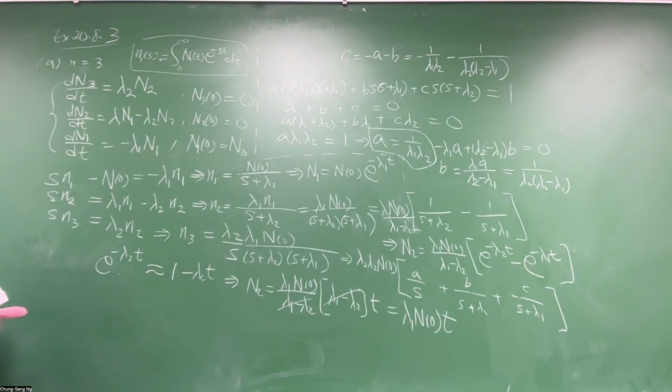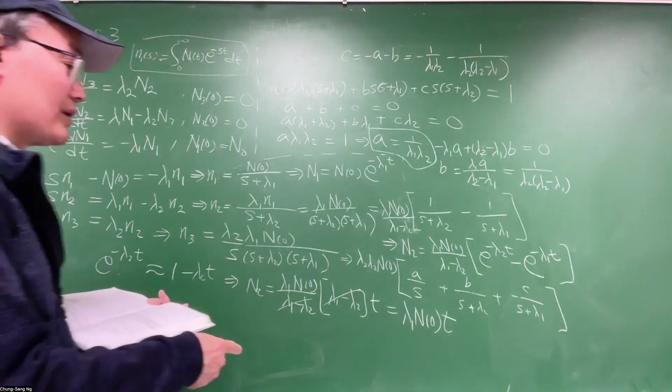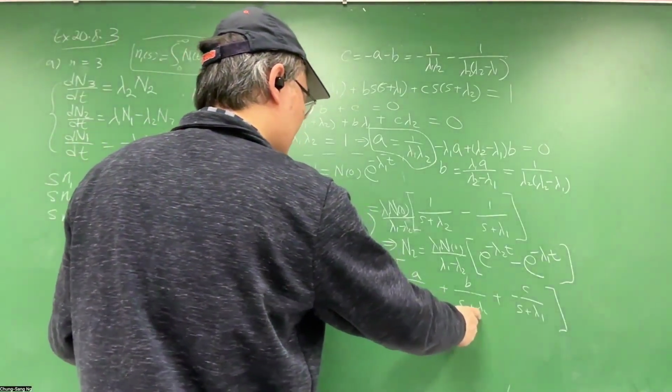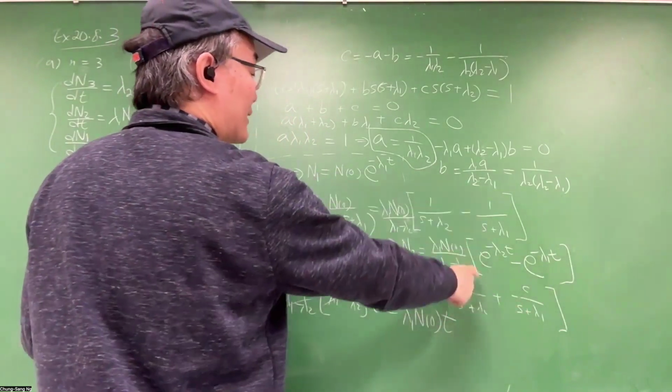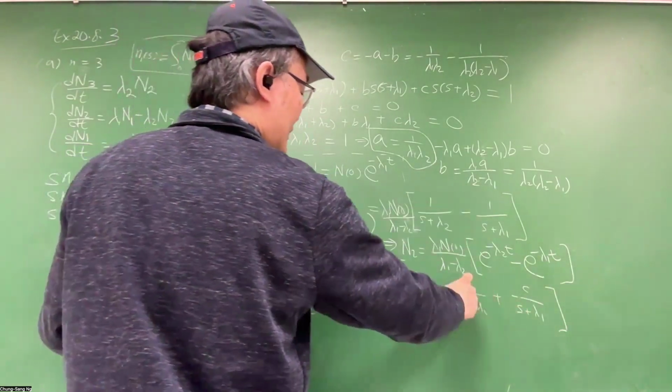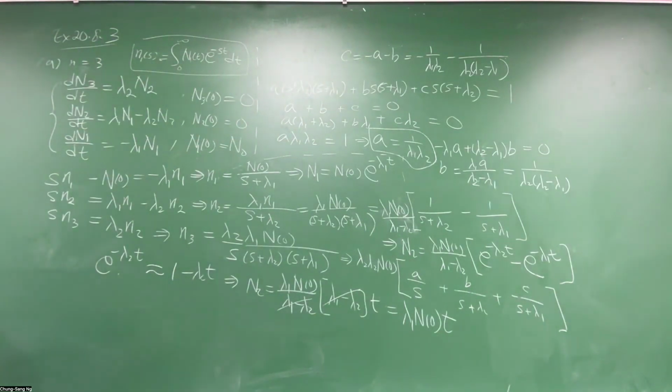Right. So that's B, and C would be similar, right? Because you also have these two terms, except that we need to substitute all these coefficients in here and do the same thing. That should not be a problem.